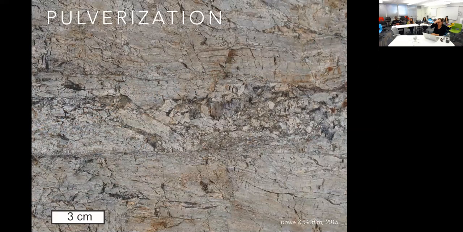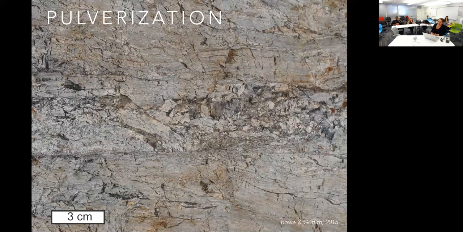So depending on the confinement, the rock properties, maybe what water is present, other things that we don't even know how to define yet, that same stress anomaly that migrates along with the tip of the rupture can cause even greater degrees of damage. So this is an example of a similarly small fault.